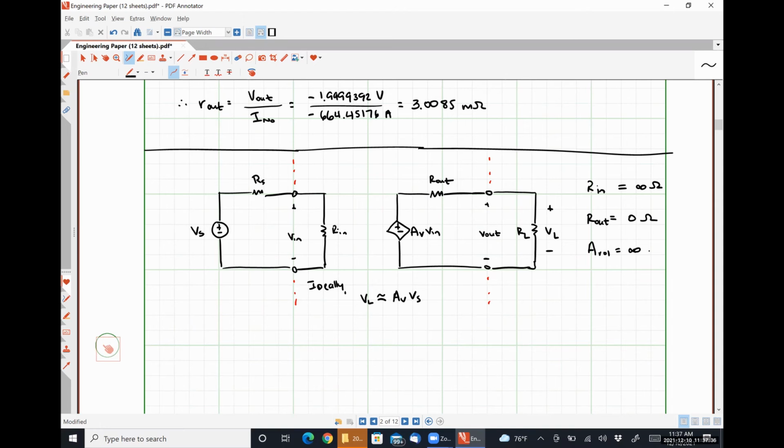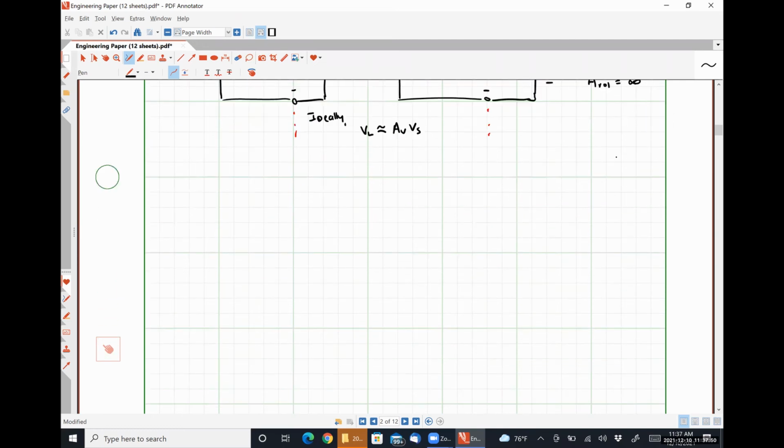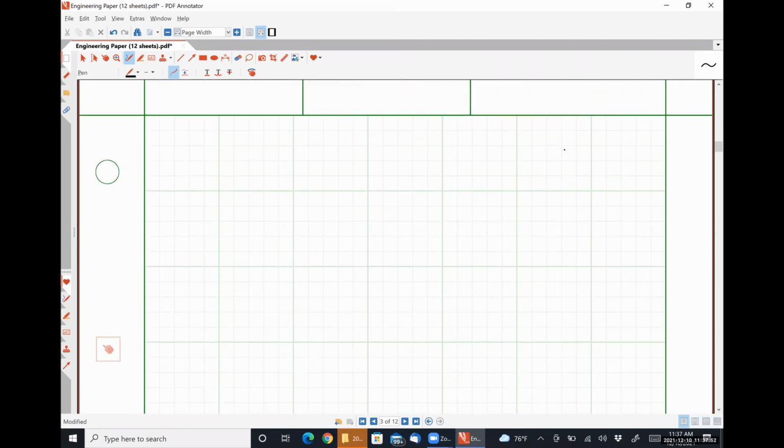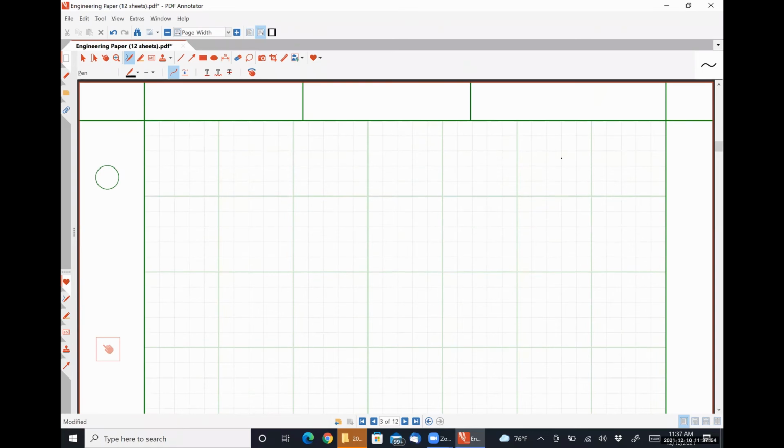So let's revisit that last problem using these parameters. So our practical op-amp model is now going to look something like this. So let's start here.